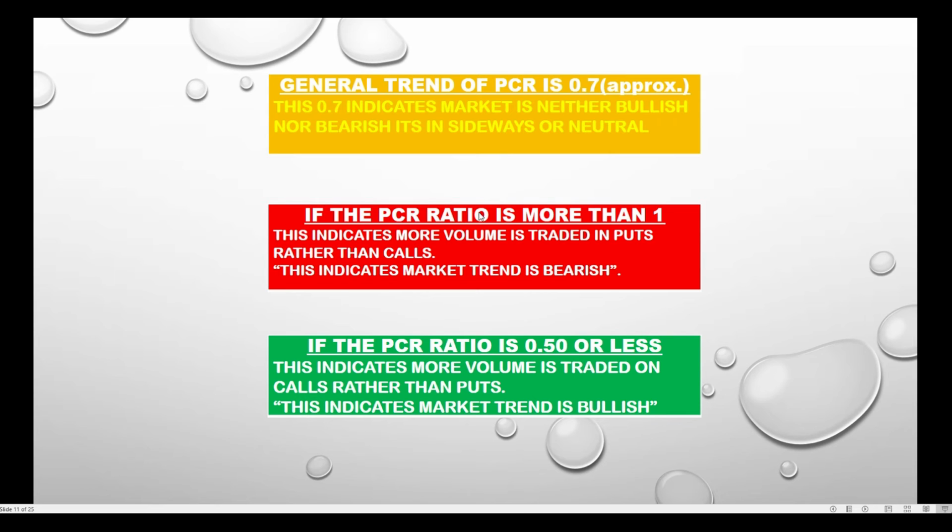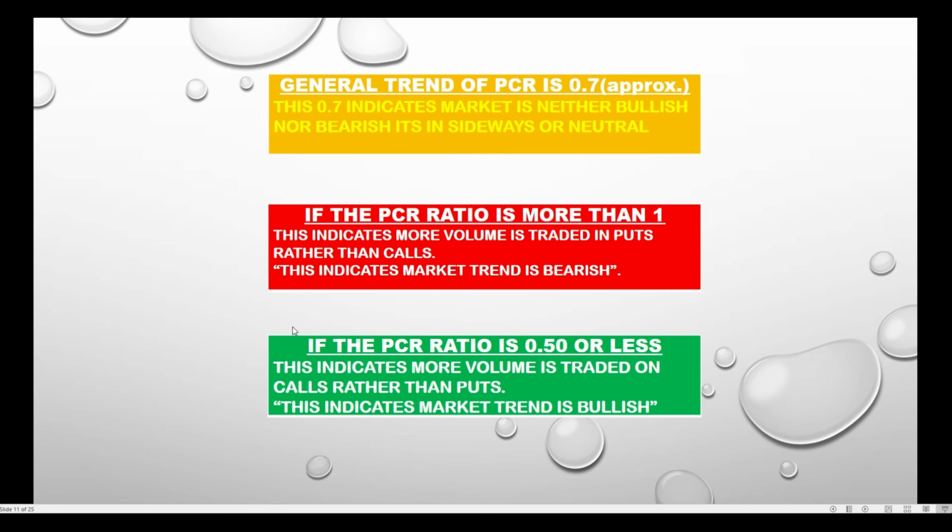If the PCR ratio is more than 1, it indicates that more volume is traded on the put side. As I told you in Bank Nifty, the put side volume was a bit higher compared to the call side, and this indicates the market trend is slightly bearish. If it is more than 1.1 or 1.2, it will be more bearish.